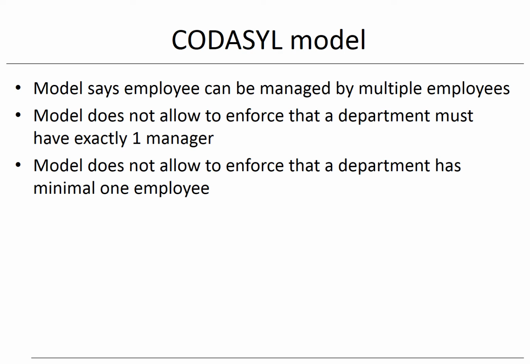According to our CODASYL model, an employee can be managed by multiple employees, which is not desirable. The model does not allow to enforce that a department must have exactly one manager. It also does not allow to enforce that a department has minimal one employee. All these constraints and rules need to be embedded in the application programs, which is clearly not nice.